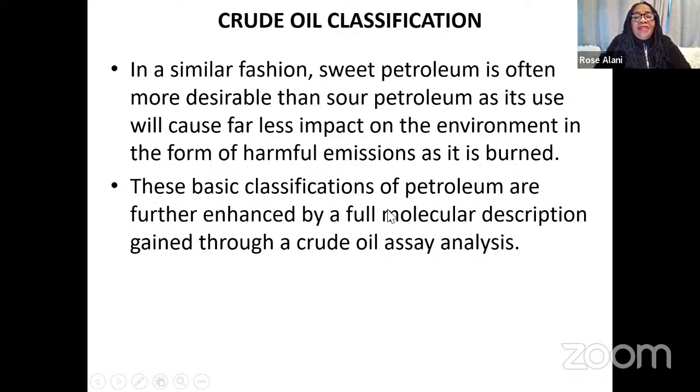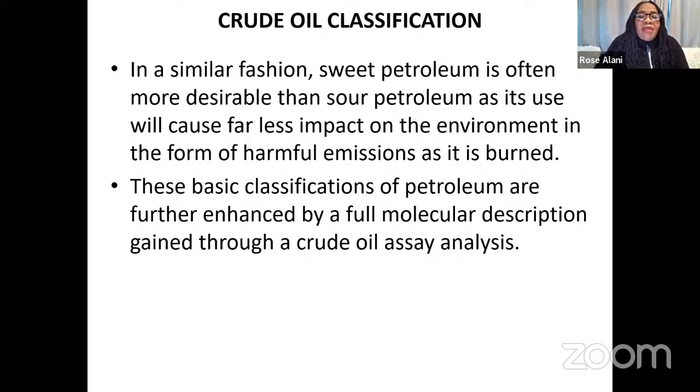In similar fashion, sweet petroleum is often more desirable, as I've already said, because it will have less environmental impact and will not emit many harmful compounds into the environment.